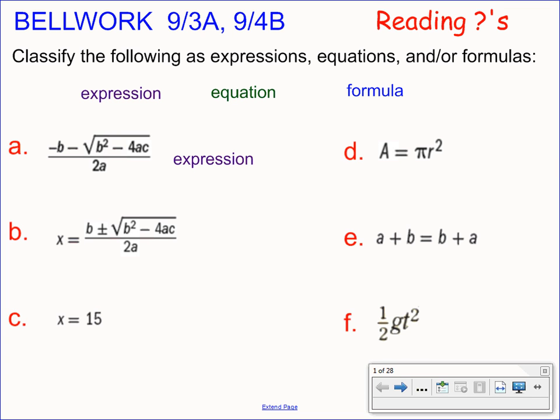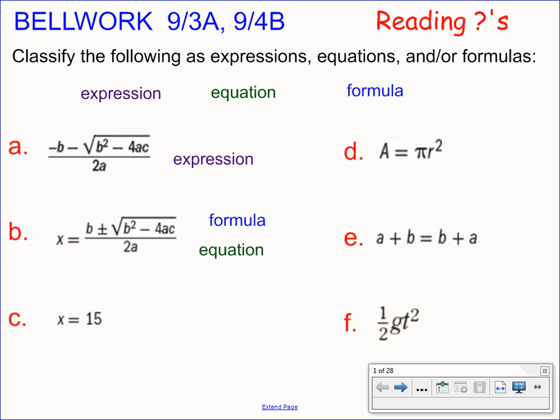Margot, what did you ladies have? Formula and equation? And why did you have formula and equation? It's an equal sign and it's more than. Absolutely. So when we have an equation, right, that relates two expressions together, and it's one variable written in terms of one or more other variables, then we know we're dealing with a formula as well.